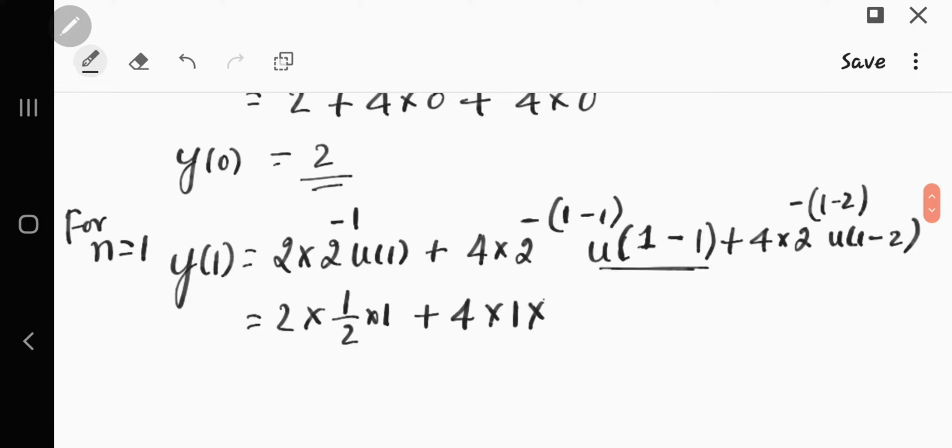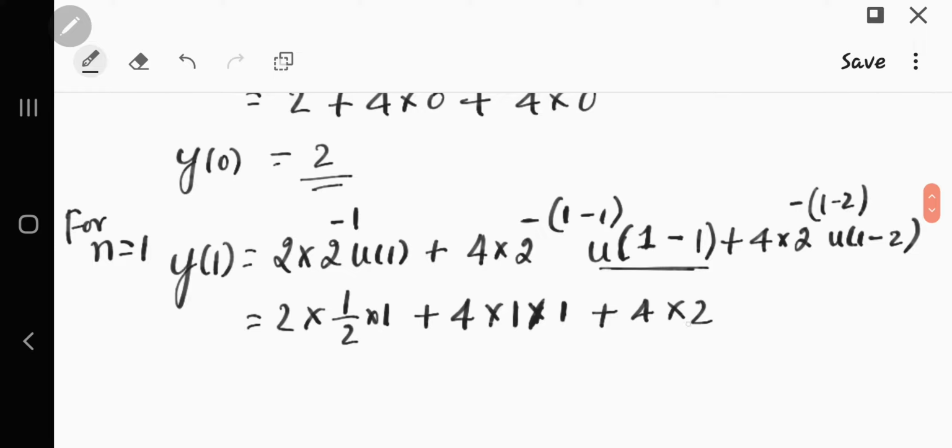So u of 0 is 1 for n is equal to 0, so that's also 1, plus 4 into 2 to the power of 1 minus 2, that means you will get 2 to the power of minus 1, that is 1 by 2. And here you have u of 1 minus 2, that is u of minus 1.